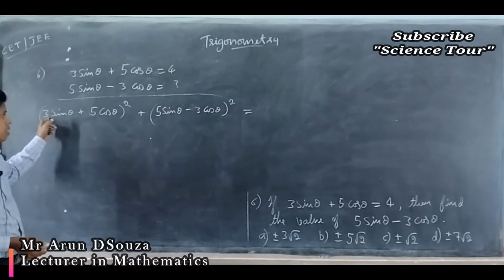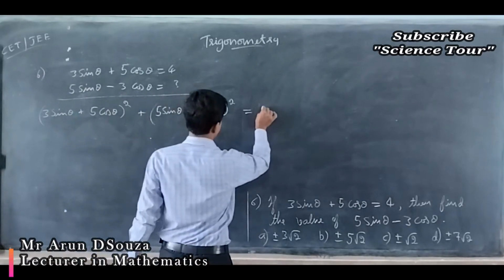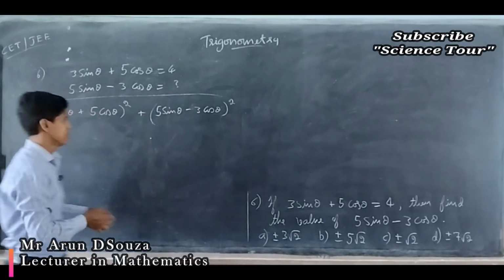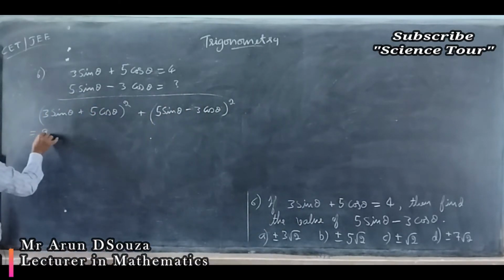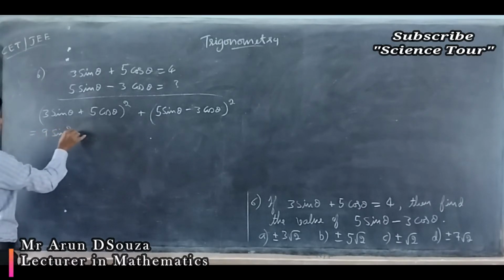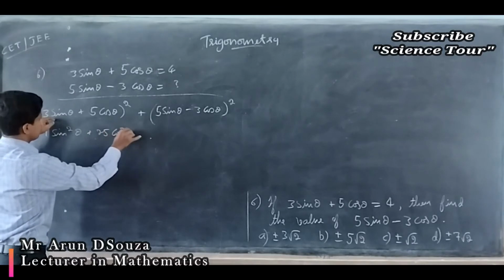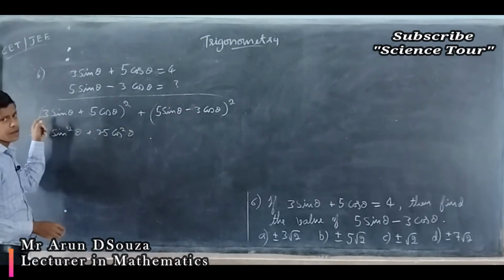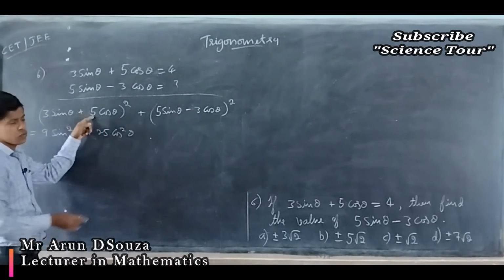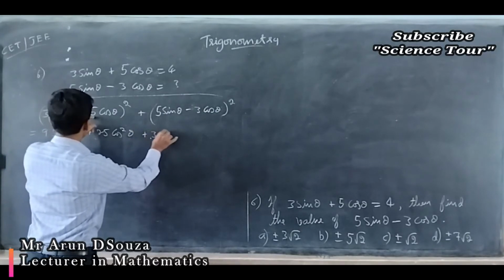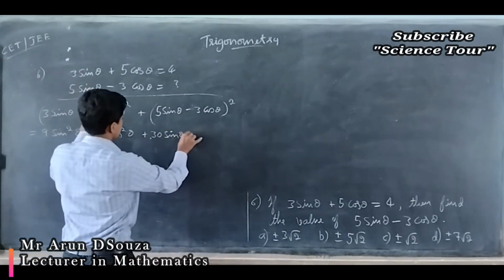That will be 9 sin square theta plus 25 cos square theta, and then 2 into 3 is 6, into 5 is 30, so 30 sin theta cos theta.